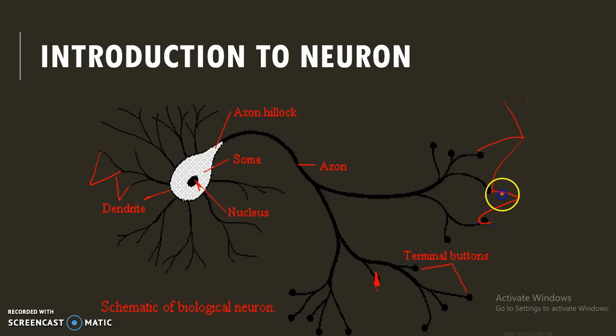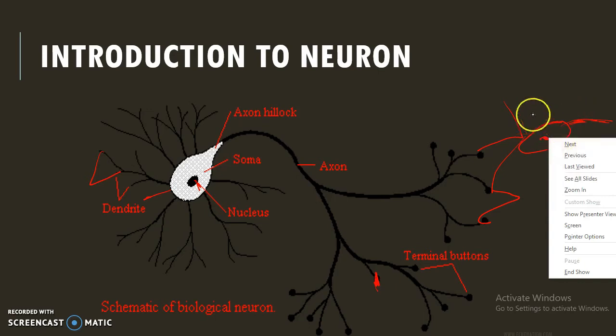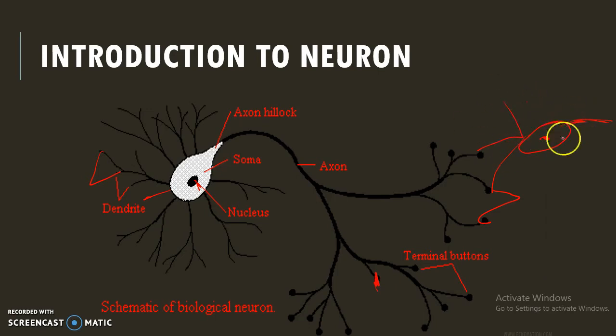These different nerve cells are connected, and then again it's going to be like that, and again it's connected similarly. So what exactly happens is that a lot of nerve cells are connected with each and every terminal button and with their dendrites.